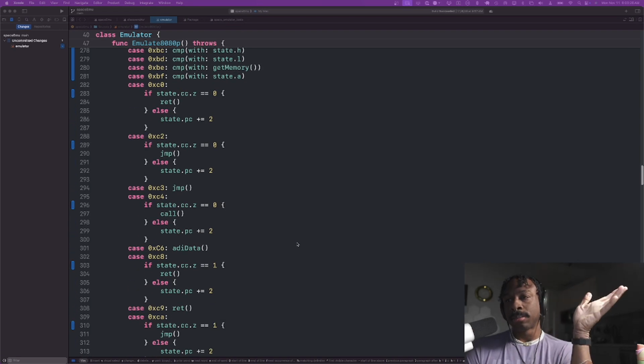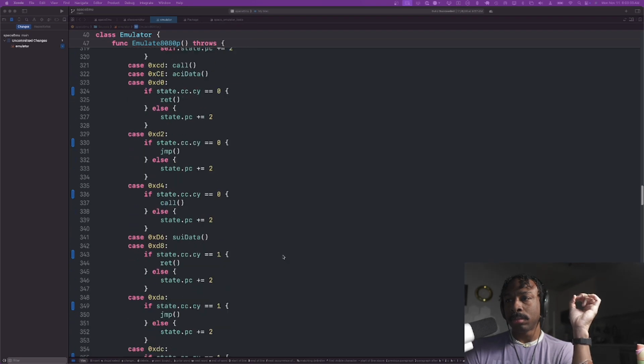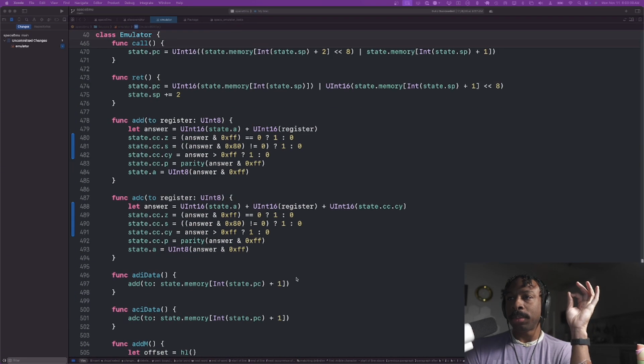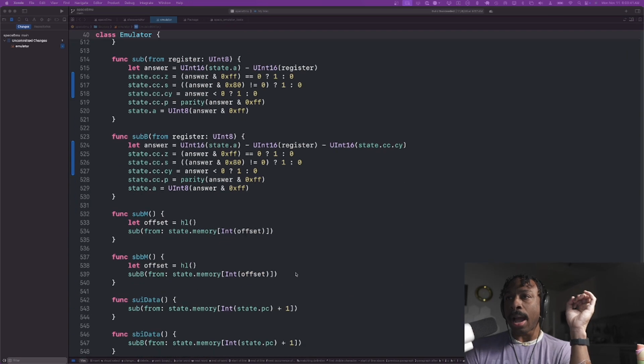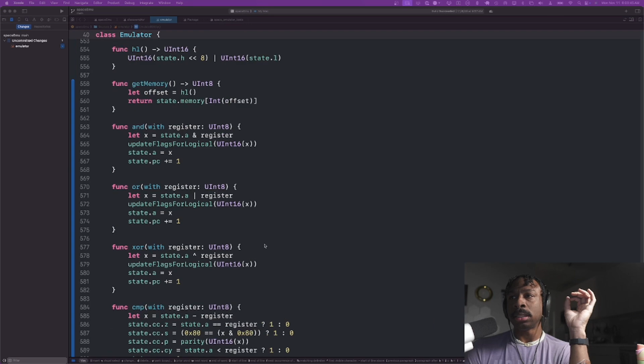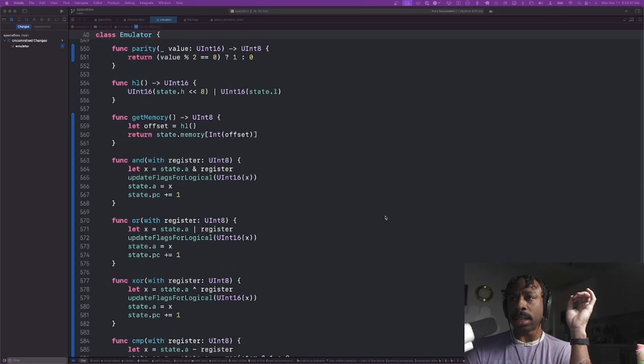Logical operations include ANDs, ORs, exclusive ORs, NOT, that kind of stuff. To implement those, I created some helper functions, some unrelated to that too.